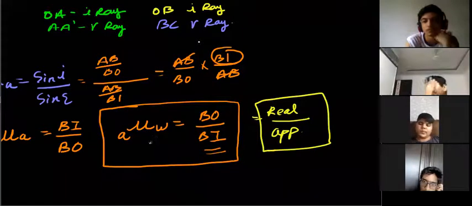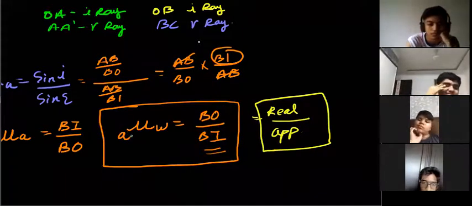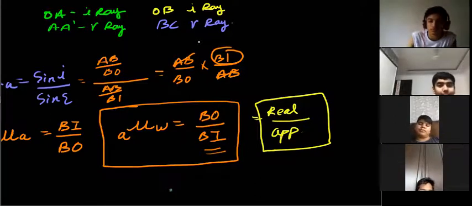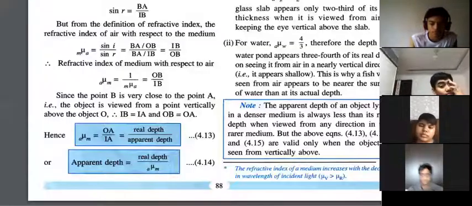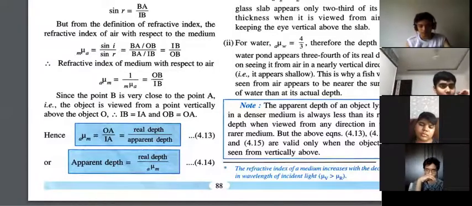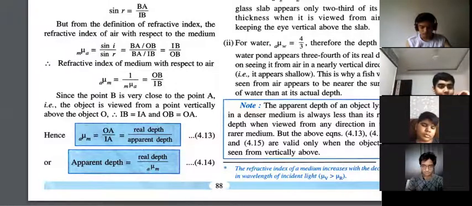So refractive index of water with respect to air equals to real depth divided by apparent depth. Okay, as you can see over here, real depth divided by apparent depth. Everyone clear about this?